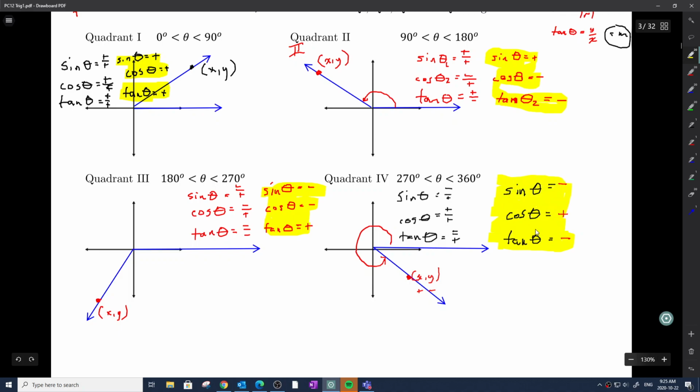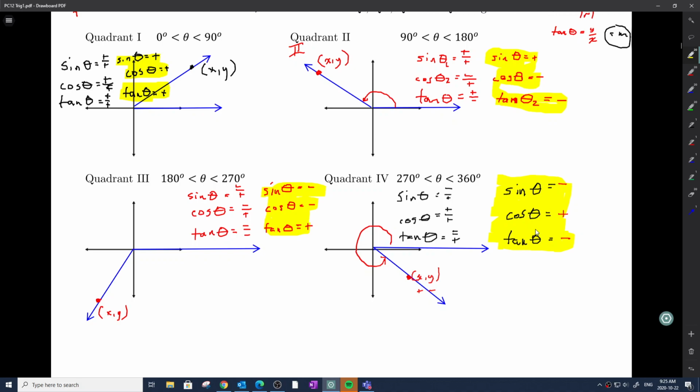In math, I don't like rules, and I know that probably there are some whispers around the universe that there exists this CAST rule that tells you where things are positive and negative. But really, let's get greedy and try to understand what's going on.